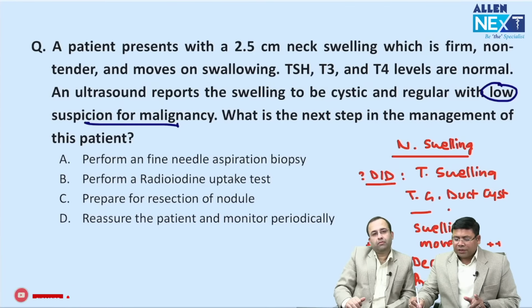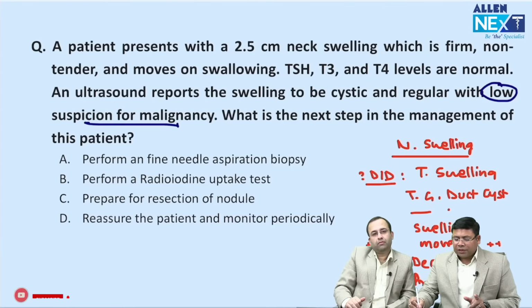Presence of microcalcification, presence of internal vascularity, and irregular borders are the other classical things you can see, and then invasion into the local structures. So this is the USG guided assessment of the thyroid swelling.